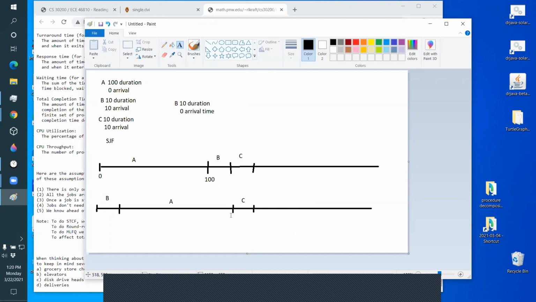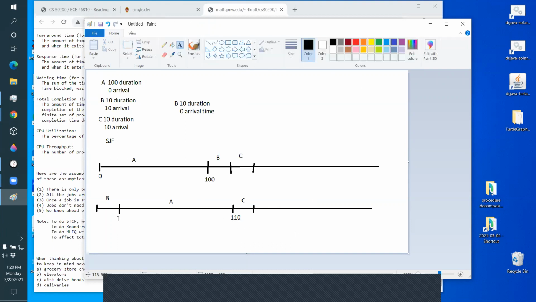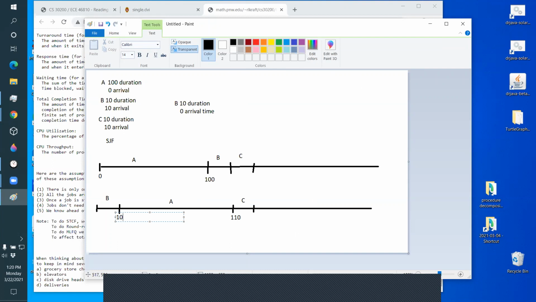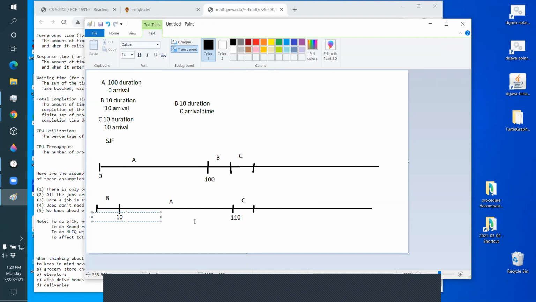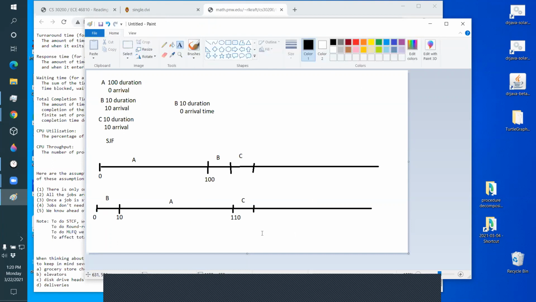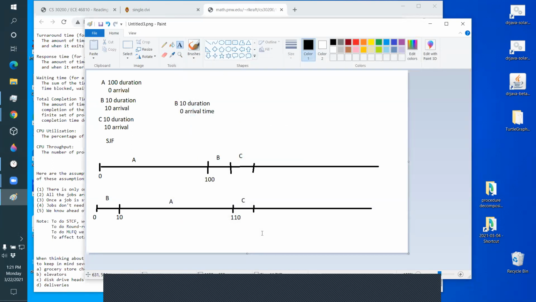So what we want to do is improve this algorithm. Shortest job first is great for response time and turnaround time if everybody arrives at the same time. You can just pick the shortest job.